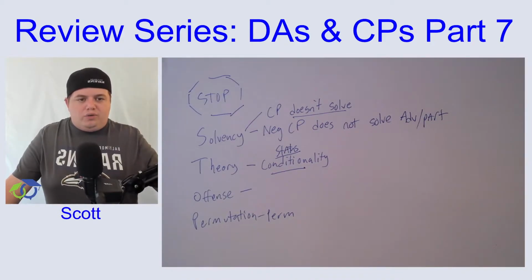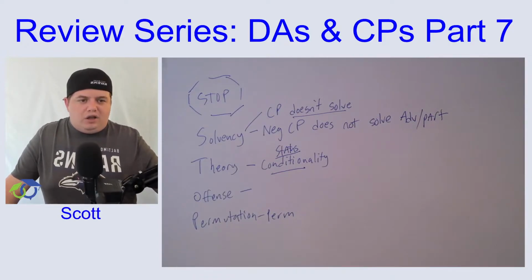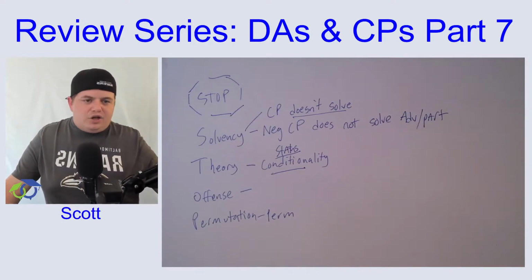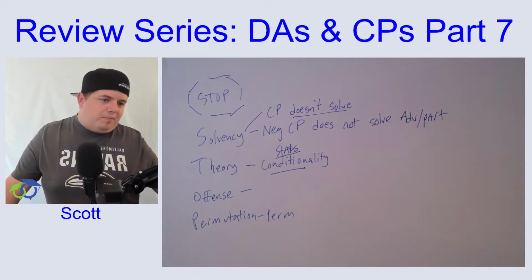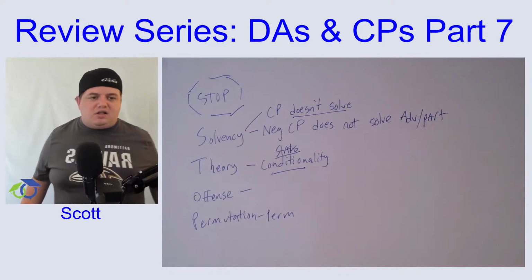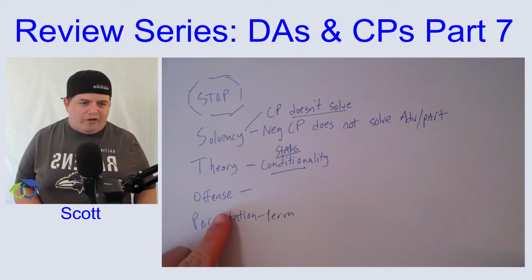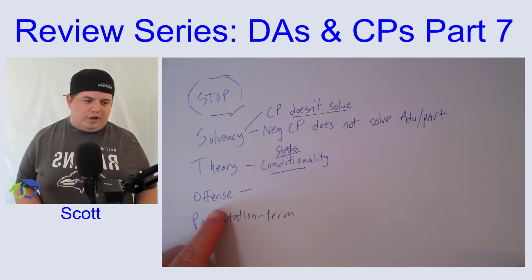So you could read against the regulation counterplan. You could say regulation causes war. Regulation causes backlash. Regulation causes something bad to happen. It's almost like reading a disadvantage against the counterplan in the debate. That is what we would call offense versus the counterplan.